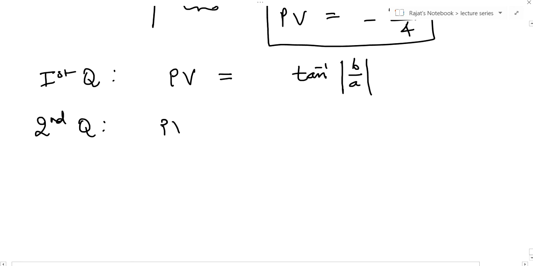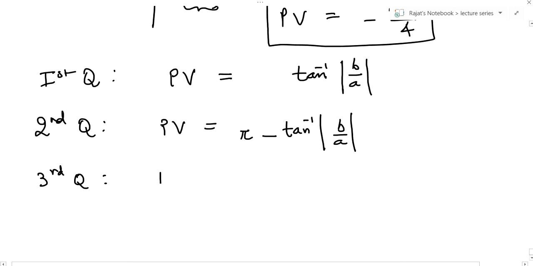If the point lies in the second quadrant, then the principal value is given by tan inverse of b by a, and we subtract it from pi. Just remember these things. I'll explain how we got this, but right now just note it down.